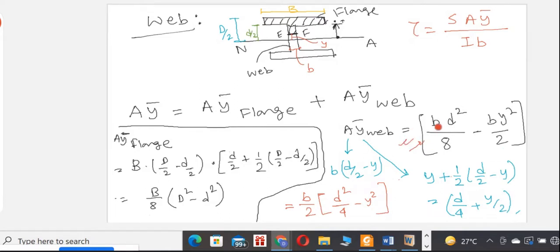So if we put this b by 8 here, it is d square by 4 minus y square. Everyone got it? How we can calculate this A y bar for the web?